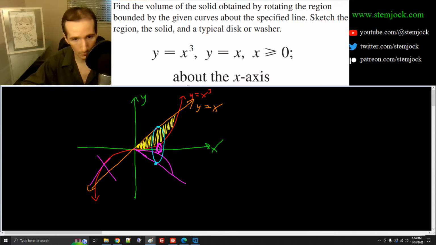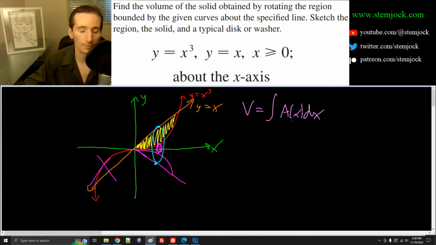The volume of revolution is going to be V equals the integral of A(x) dx. A(x) is the area of this washer here. The area is going to be the area of this outer disk. That's going to be pi times the radius, which is the height.